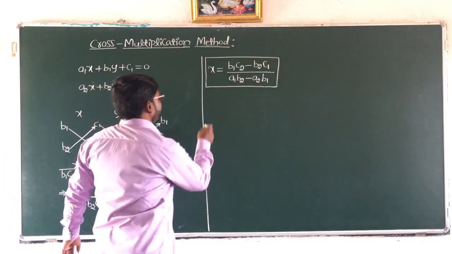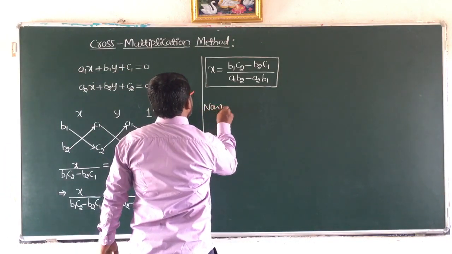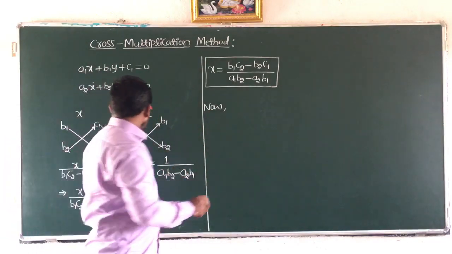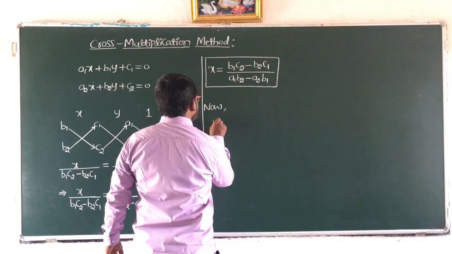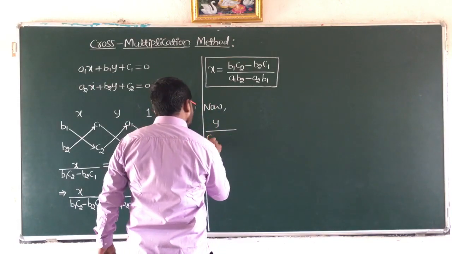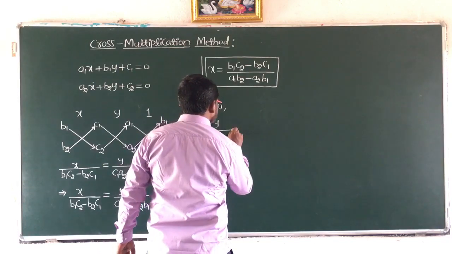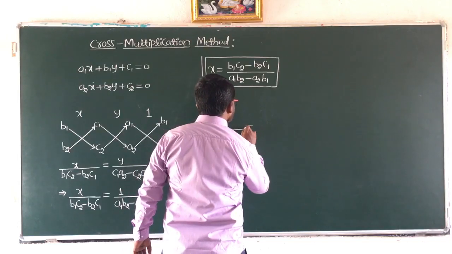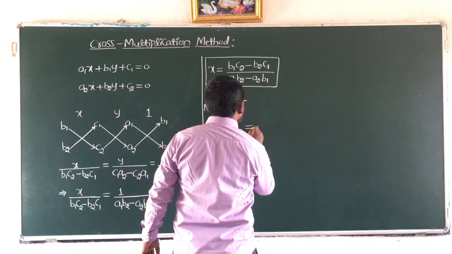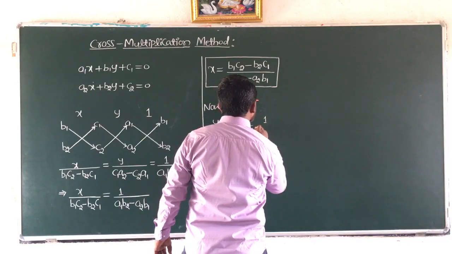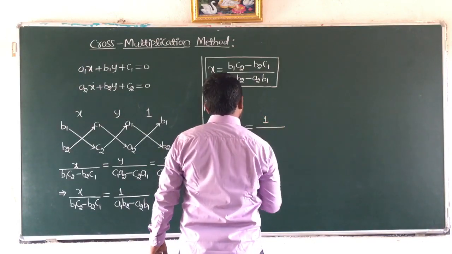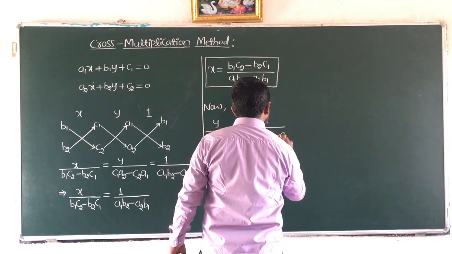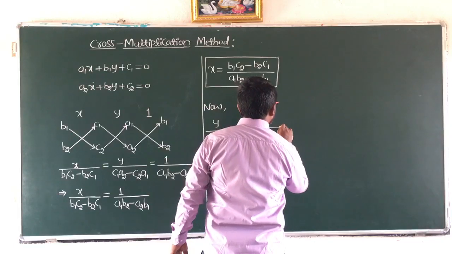Now I will go for y. Equate the second term with the last one. So y divided by c1 a2 minus c2 a1 equals 1 divided by a1 b2 minus a2 b1.